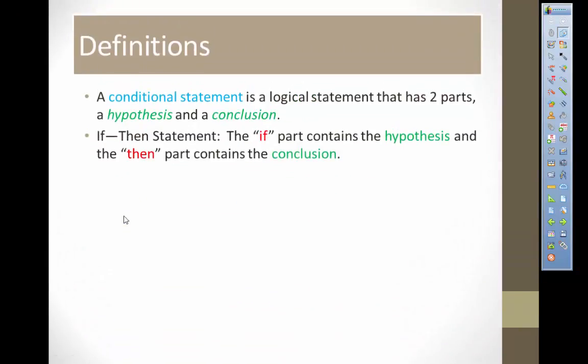So the if part. We have the if-then statement. The if part contains the hypothesis. The then part contains the conclusion. Now sometimes we have an if-then statement that's not really written in if-then form yet. So we're going to learn how to deal with that in just a moment.